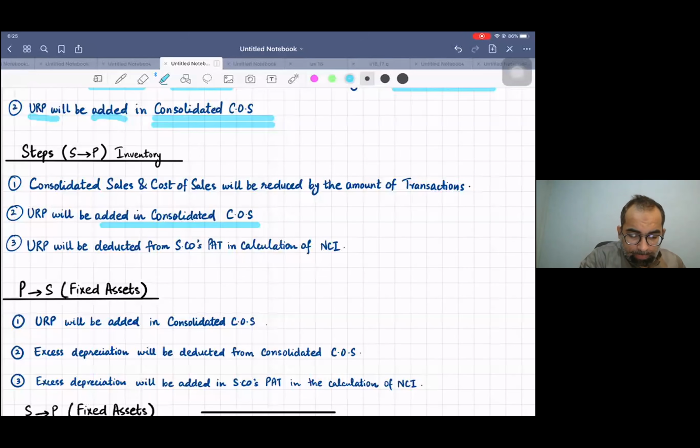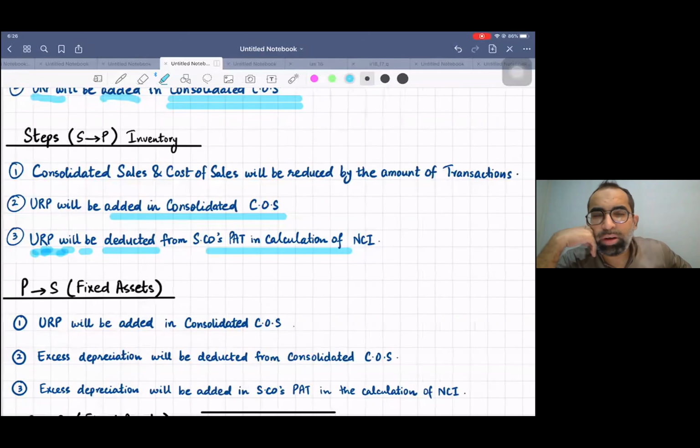So you need to remove it. See, URP will be deducted from S company's profit after tax in the calculation of NCI. Okay. So these are the steps for P2S and S2P sale of inventory.